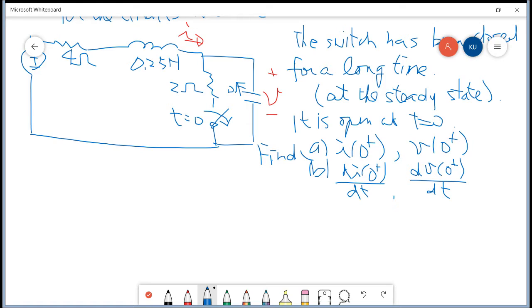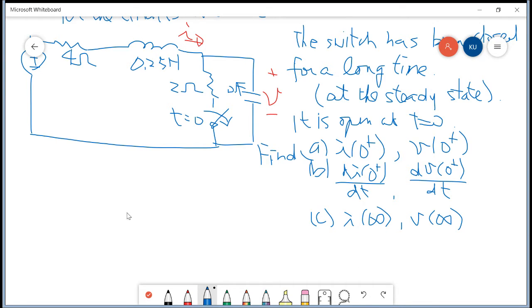So we find the initial value for the zero order and the first order derivative. And C, we find the final value of I and V. So actually it is quite simple.